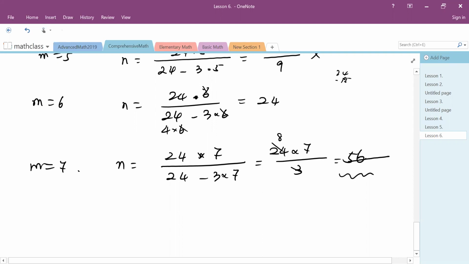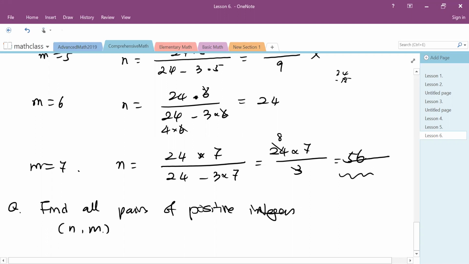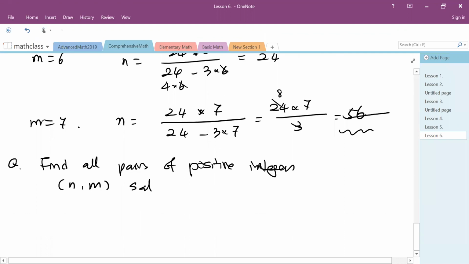Okay, then you have to make sure both are integers and both are positives. For example, find all pairs of positive integers n, m satisfying the following equation.